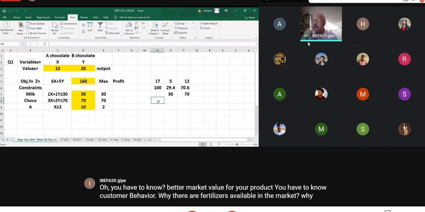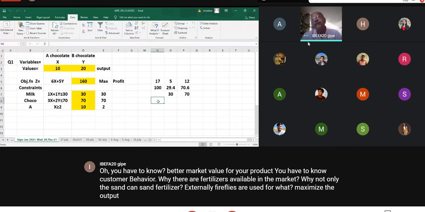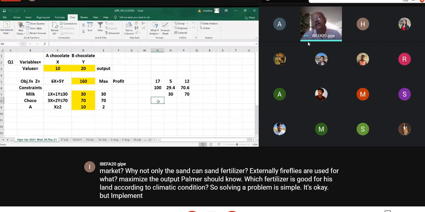Why not only the sand fertilizer? Fertilizers are used to maximize the output. A farmer should know which fertilizer is good for his land according to climatic conditions. So solving a problem is simple, it's okay. But to implement that for betterment, you have to think.